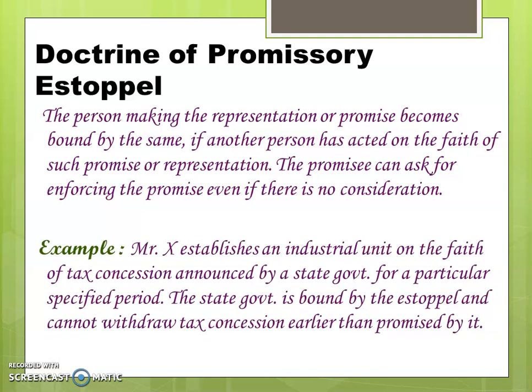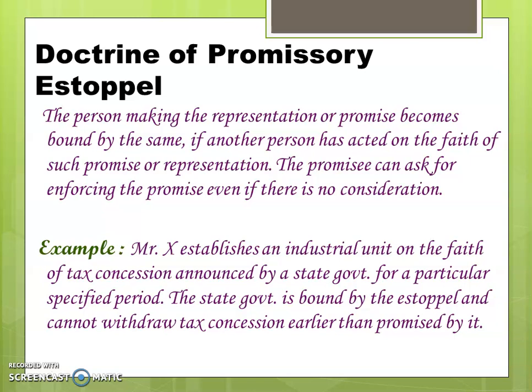Mr. X establishes an industrial unit on the faith of a tax concession announced by a state government for a particular specified period. The state government is bound by the estoppel and cannot withdraw the tax concession earlier than promised by it. So this is a contract between a state government and Mr. X. In that condition, the government has promised to give tax concessions to the entrepreneurs.